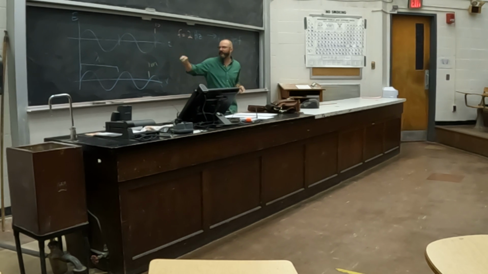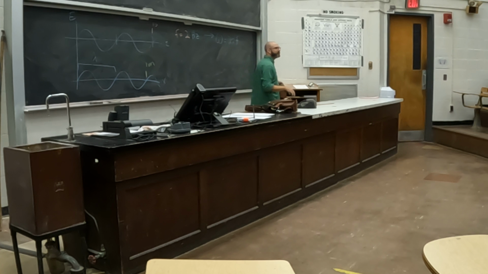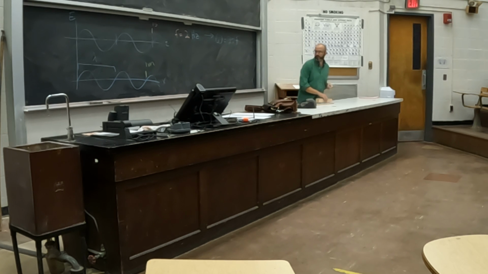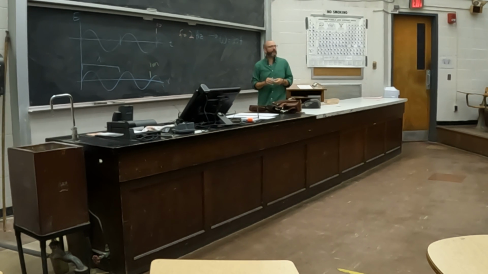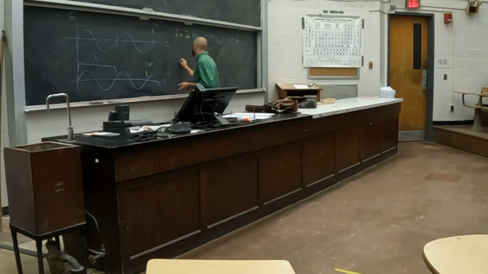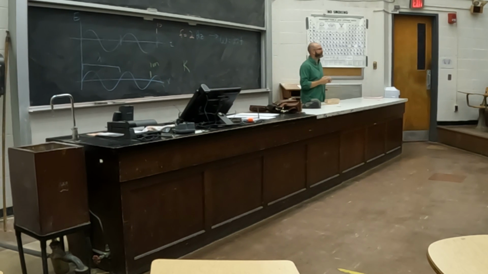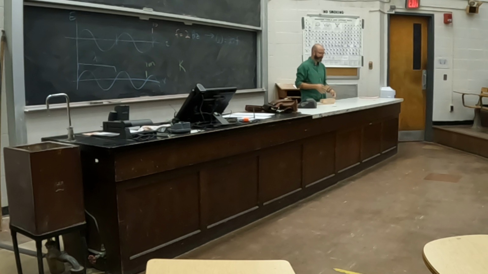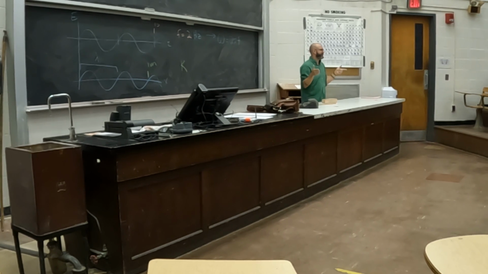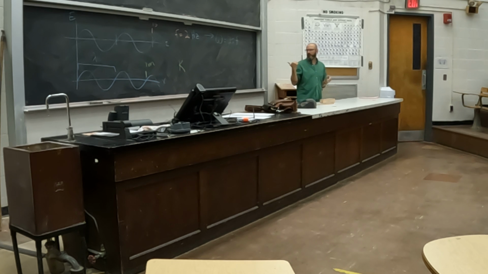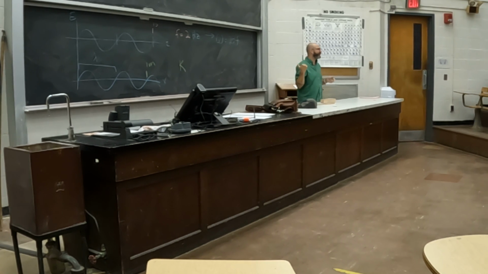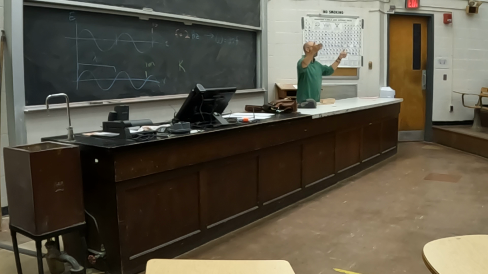How many cycles did I fit into that meter? 2 complete cycles, right? So that's what's called the wave number, or better, the spatial frequency. So the temporal frequency is how many cycles fit into 1 second. The wave number, or the spatial frequency, is how many cycles fit into 1 meter.